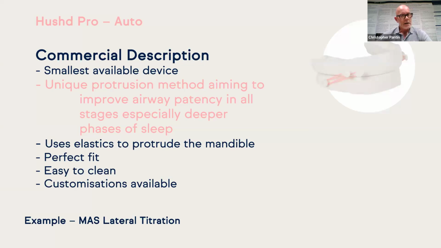Essentially, what differs this mechanism from every other splint is that it relies on the change in muscle tone during stages of sleep, particularly REM. So a lot of patients who have REM-related obstructive sleep apnea do very well on this type of splint because they could benefit, and do benefit, from further protrusion in REM to overcome the increased number of obstructions they have during REM.